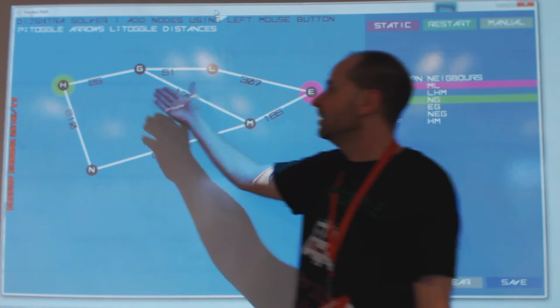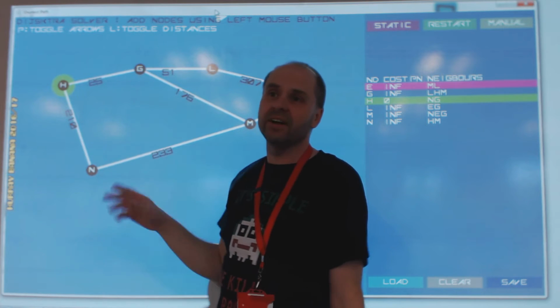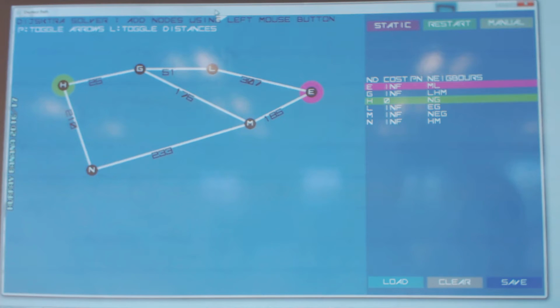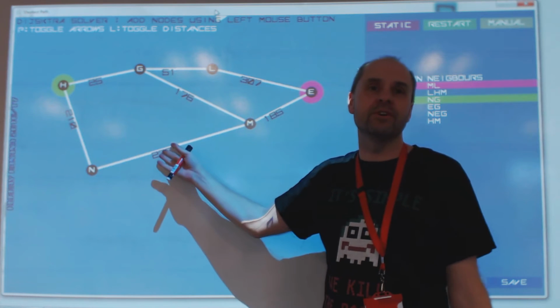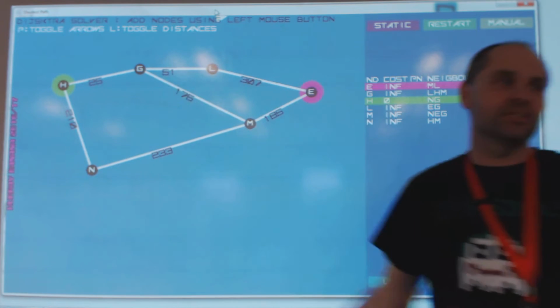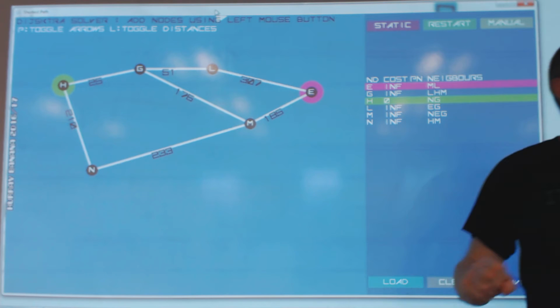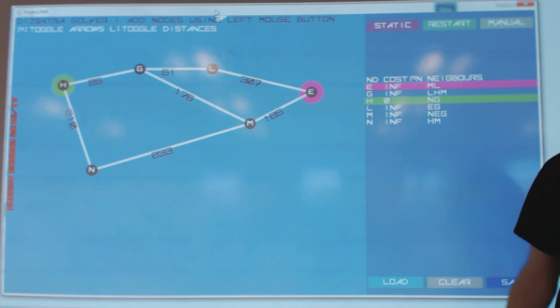You could have resistance of a wire. It depends what you're doing. You can use this for more than just getting from one location to another on a map. You can use it when you're doing networks and transmitting things across networks. So these distances could be traffic load on a particular route through a network.